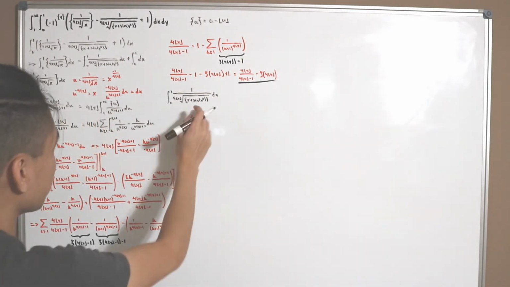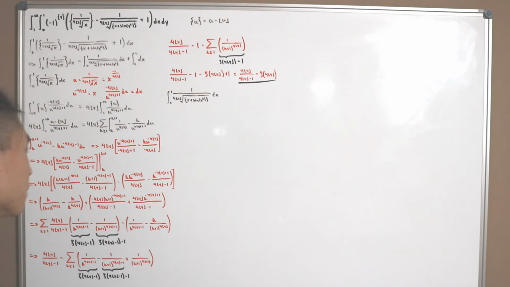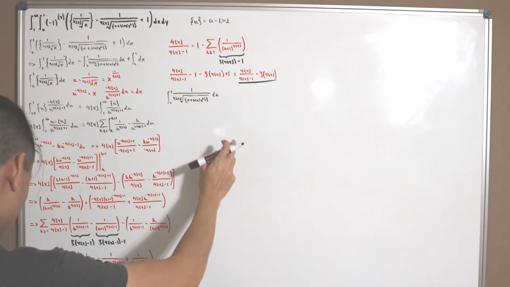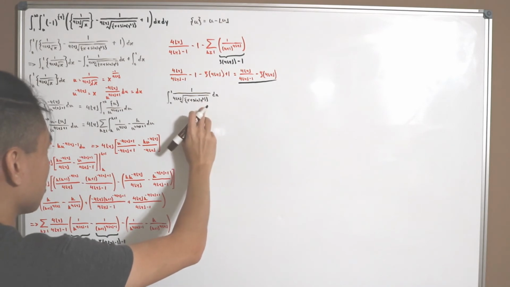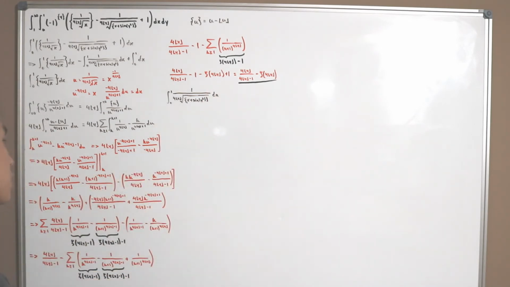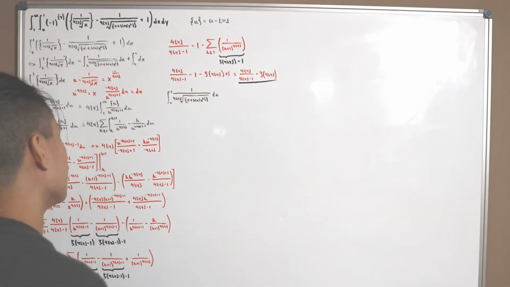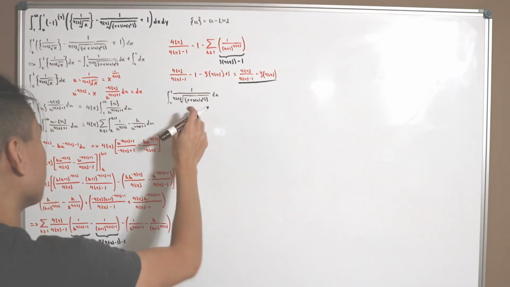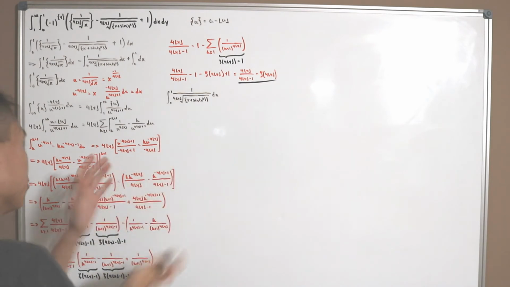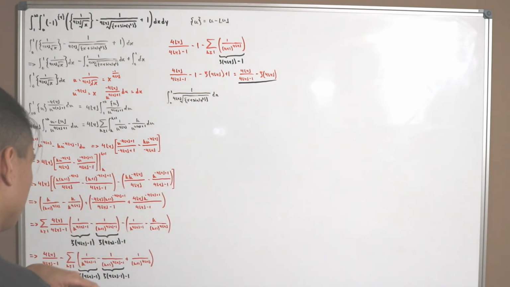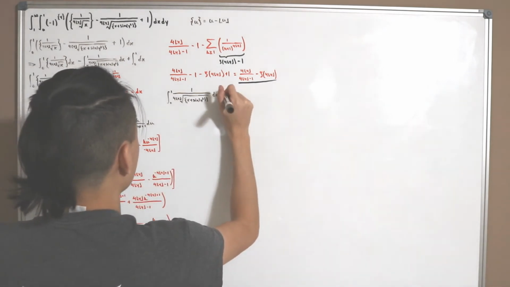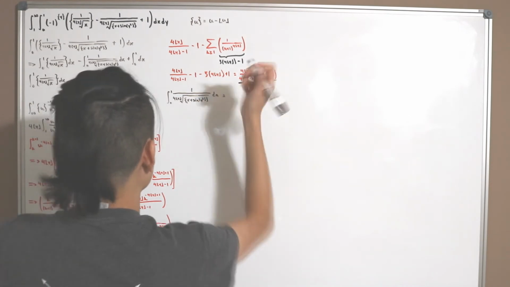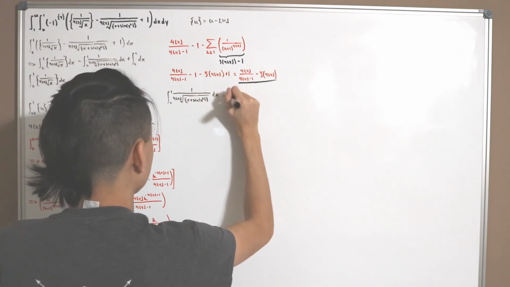What I can do is replace the sine of y squared with just some random constant. Why is that? It's because the integral we're evaluating is with respect to x, so y does not vary in the world of x. I'll just call the sine of y squared some constant a.